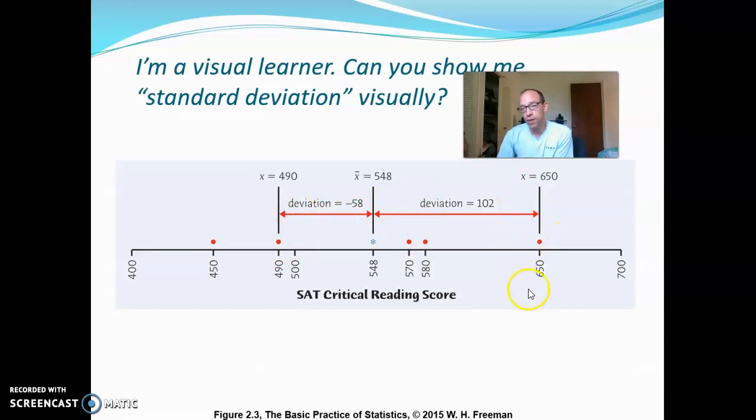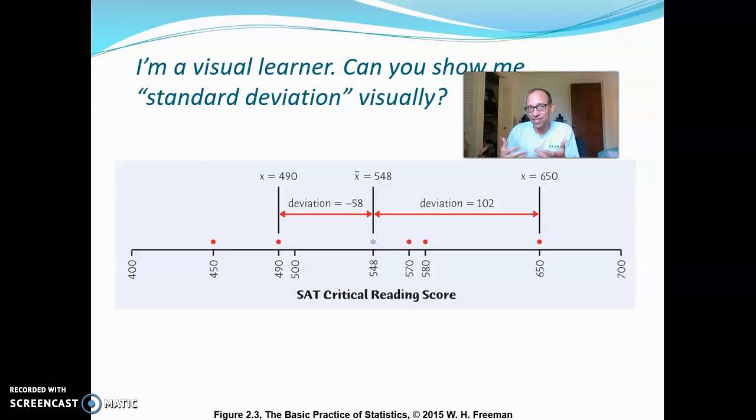And then maybe we look up here at this one, the 650, quite a bit above the average. And how much? Well, we take 650 minus 548, and we find out that the deviation, the distance away from the average, is 102. So no matter how big our data set is, we could always do this process where we first find the mean or the average, and then we figure out what everybody's deviation is, how far away they are from the average.